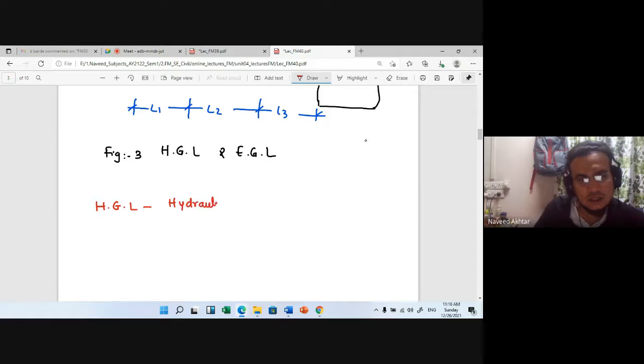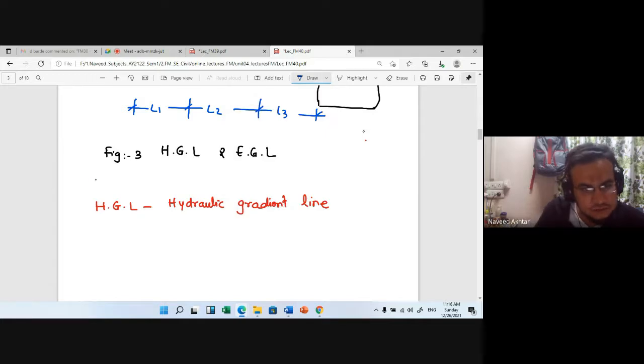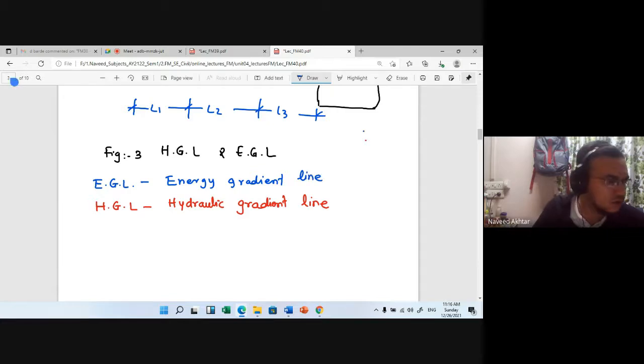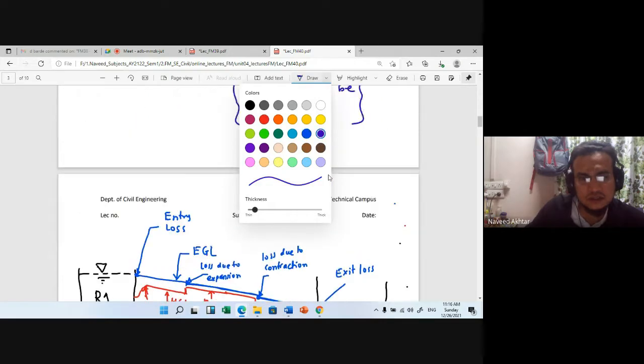And EGL is the total energy line, or it is also called the energy gradient line. Okay, so this is your figure. You can draw this one. Okay.